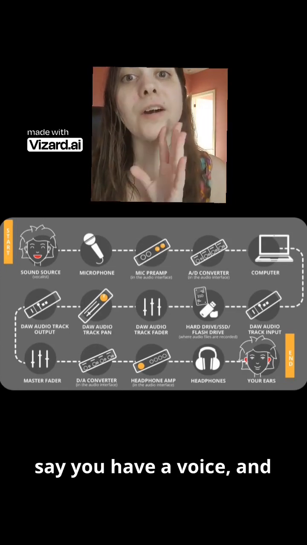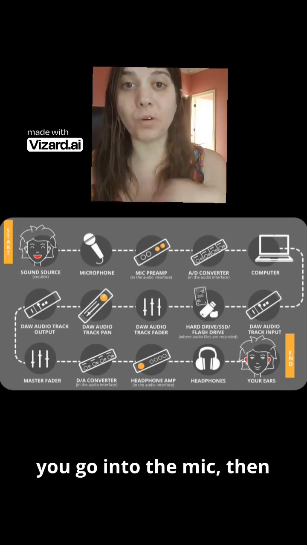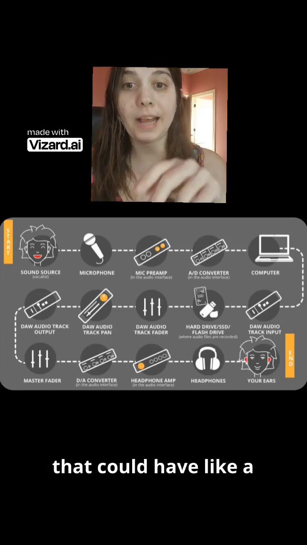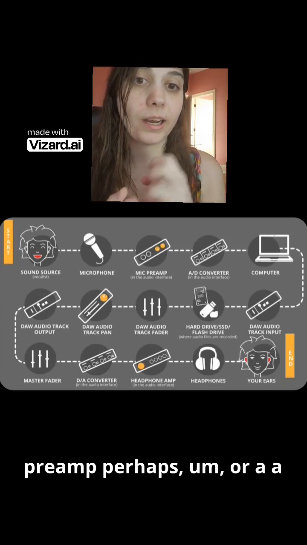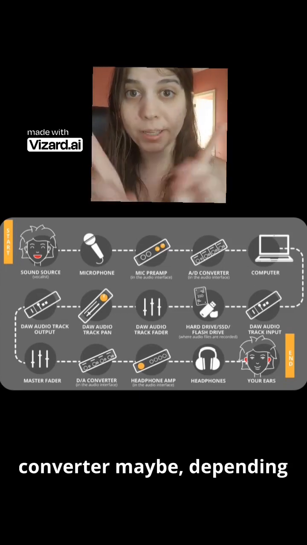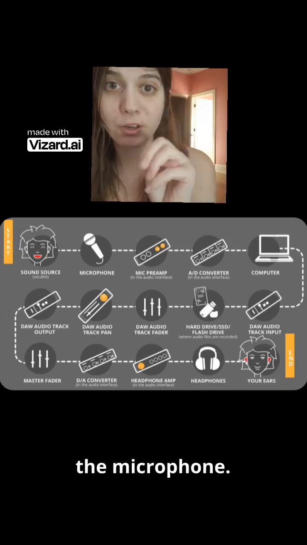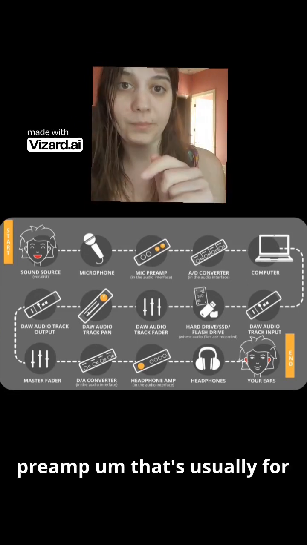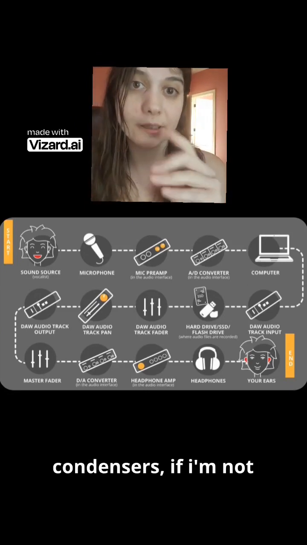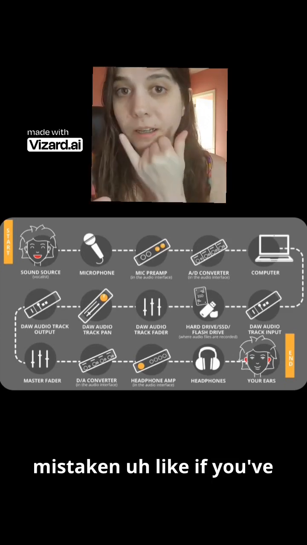Like say you have a voice and you go into the mic, then that could have a preamp perhaps, or a converter maybe, depending on your needs, depending on the microphone. Not every mic needs a preamp. That's usually for condensers, if I'm not mistaken.